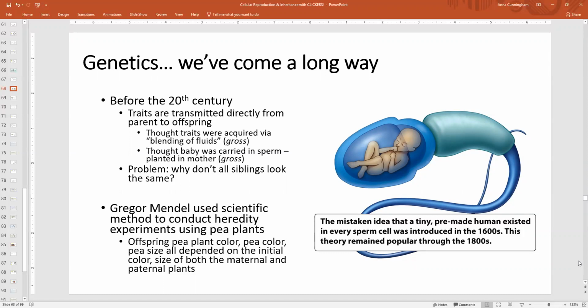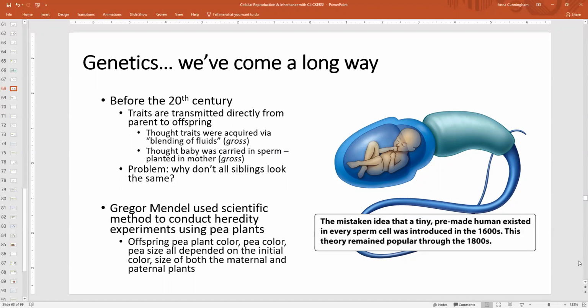So if you haven't heard of humors before, a long time ago, before we understood organ systems and anatomy and physiology, we believed that there were humors. And the blending of fluids was sort of like the blending of humors. Basically mother and father fluids were blended into a new fluid.